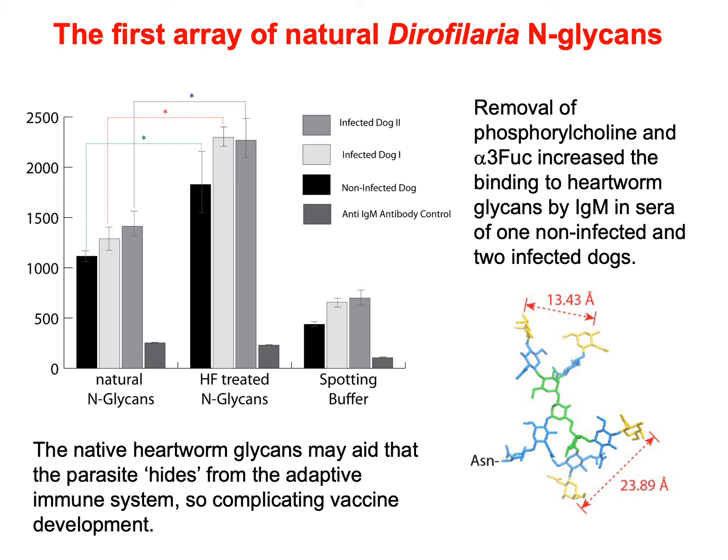And this seemed to be regardless of whether we had the one non-infected dog or the two infected dogs. So it could be that the natural glycans help the parasite to hide from the adaptive immune system.